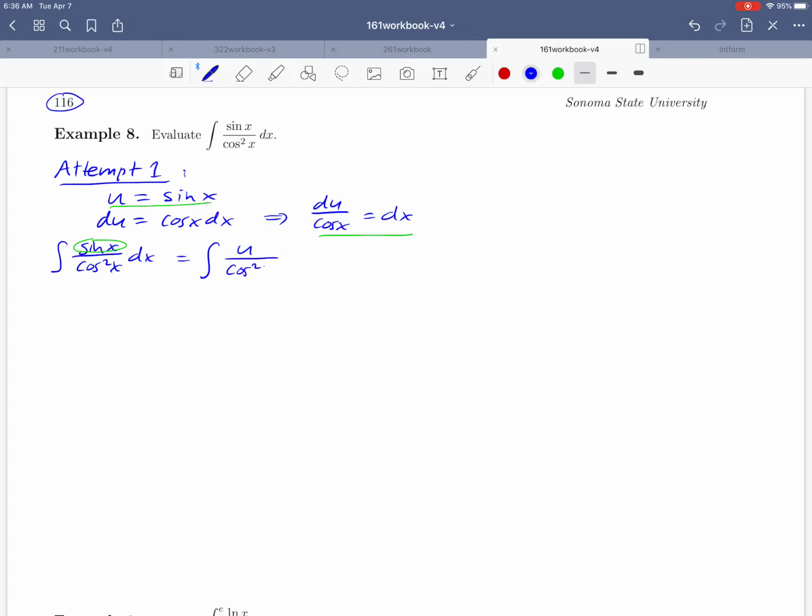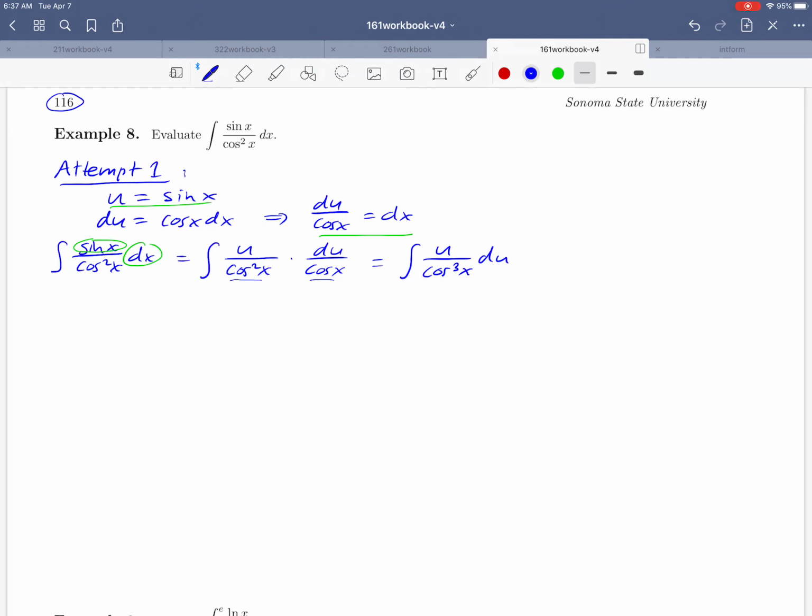Then we've got a cosine squared of x in the denominator, and the dx, we can see from our work, is equal to du over cosine of x. Then we would simplify this. Notice that we've got a cosine of x squared and another cosine of x, and so we could rewrite this as u in the top, and a cosine cubed of x in the bottom. That's cosine squared of x times cosine of x, and then a du.